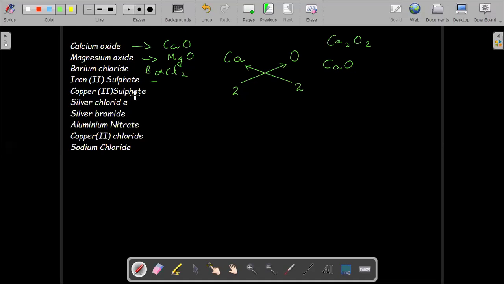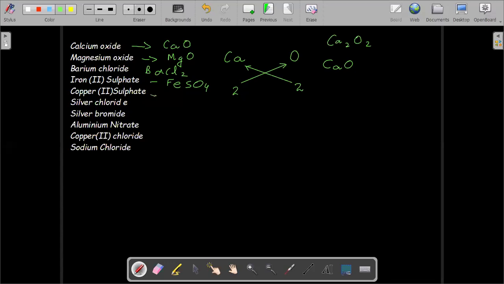Iron sulfate. Rachit, did you get the answer? No, sir, mine was wrong. For iron sulfate, it's iron 2. So iron has a valency of 2, and sulfate also has a valency of 2. So you get Fe2(SO4)2, then cancel the 2, 2, as the ratio still holds as 1:1. So it is FeSO4.